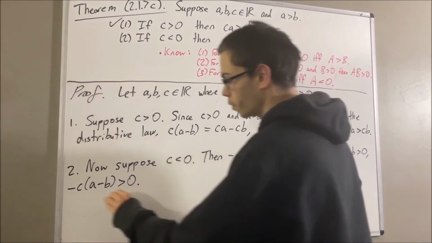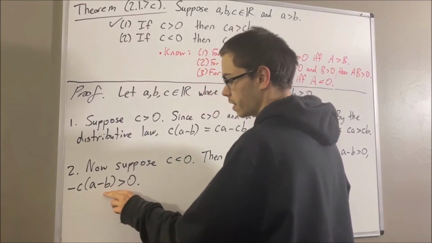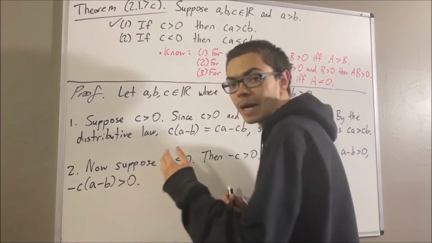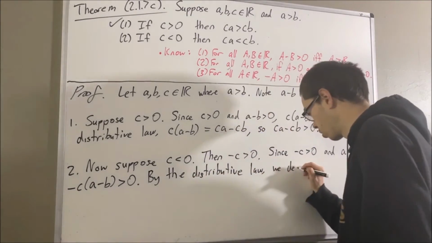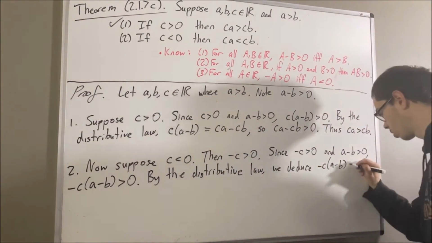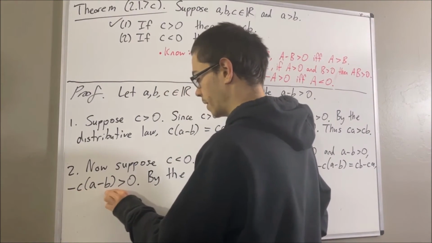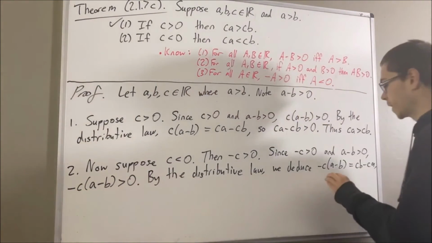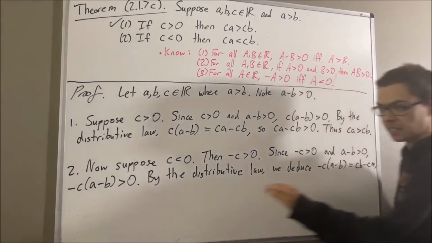And then, if you distribute the negative c across this parentheses, you'll find that this is equivalent to cb minus ca. So, since the negative of c times a minus b is greater than 0, and the negative of c times a minus b is equal to this, it follows that this is greater than 0.